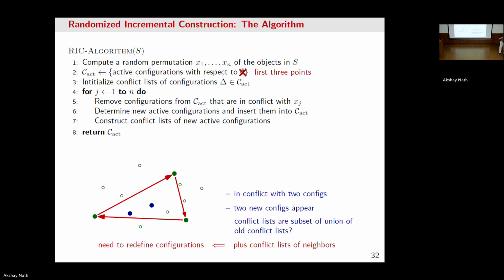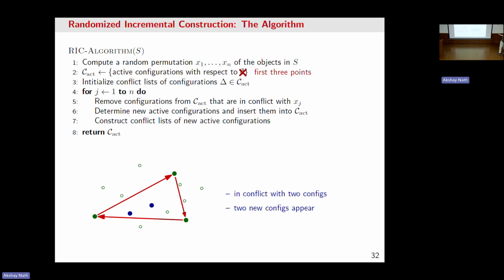So now what I want is to create these 2 new configurations. That's not so difficult because I know which ones disappear. I have a pointer to all the disappearing ones. If I know which ones disappear, sort of the last 2, they determine the 2 tangent lines, so I can find that. That's not the difficult part. But I also have to create the new conflict lists.